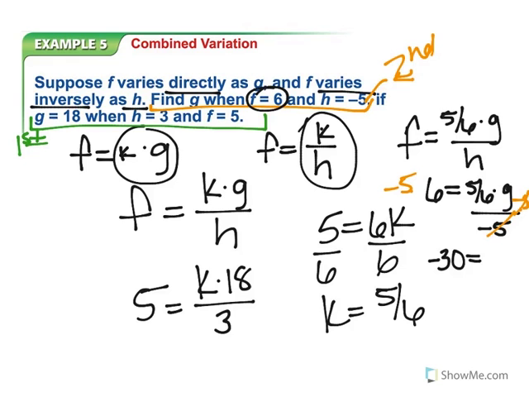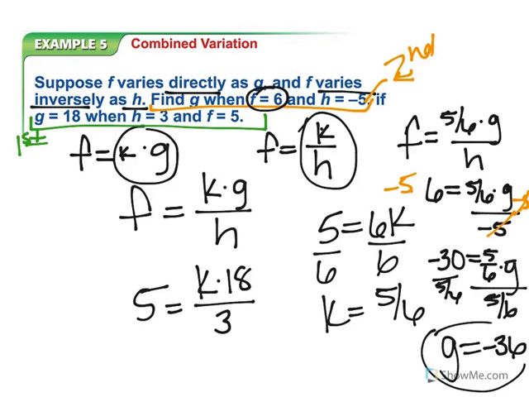And we get -30 is equal to 5/6 times g. The next thing we can do is either multiply by the reciprocal, or we can just take this and divide by 5/6. And when you plug that in, you're getting g to equal -36, which is your answer.